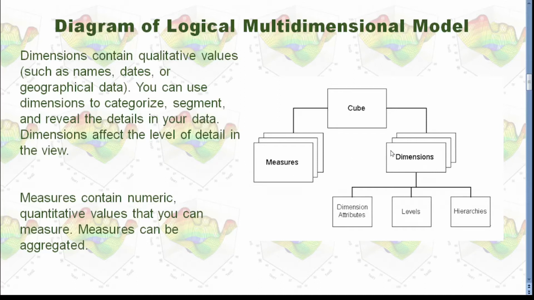You see, we have a dimension here, and it consists of dimension attributes, and it has different levels, and also its own hierarchy. In the meantime, measures contain numeric, quantitative values that you can measure. Measures can be aggregated. For example, you might have total sales amount for this year as a measure.